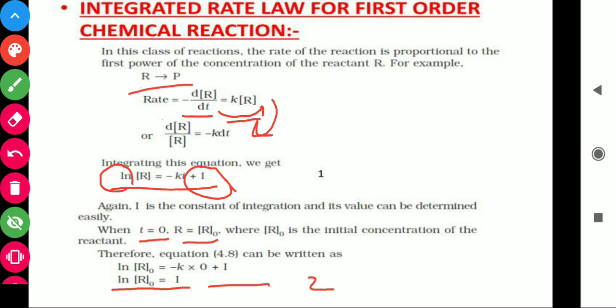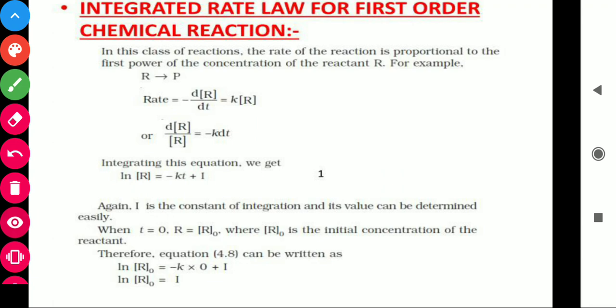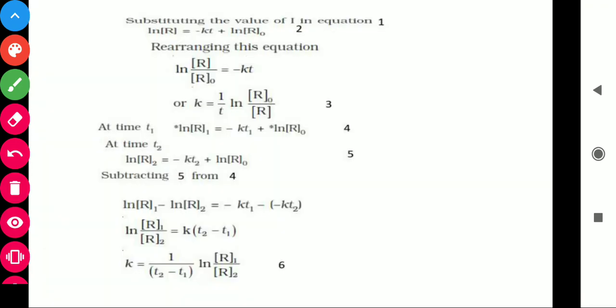This is equation number 2, and we will keep this value here in 1, and then we will get ln R is equal to minus kt plus ln R naught.